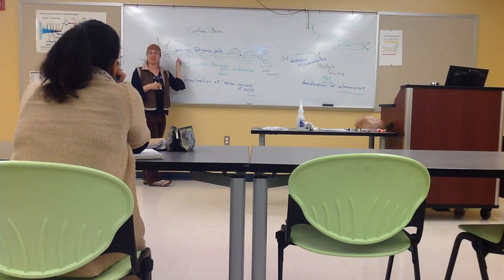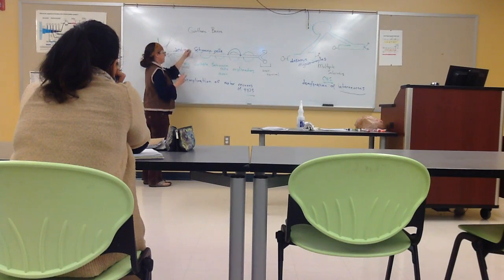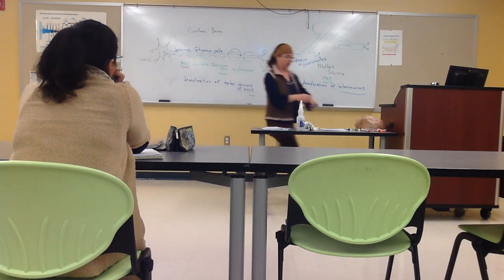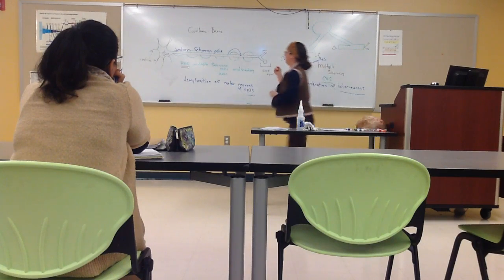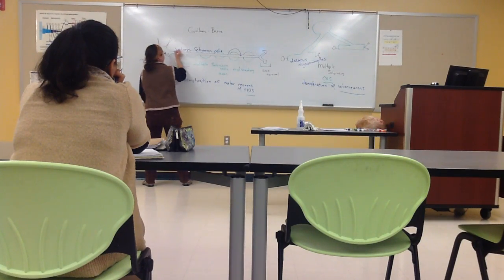And so what happens when these get destroyed, they're replaced with connective tissue. That's the scarring, all right? So these get destroyed, and you're going to have now collagen fibers.